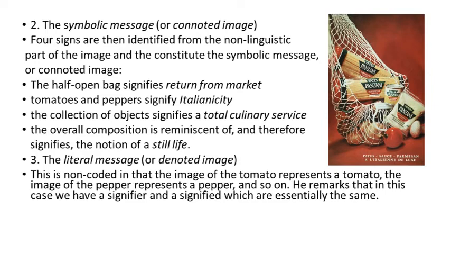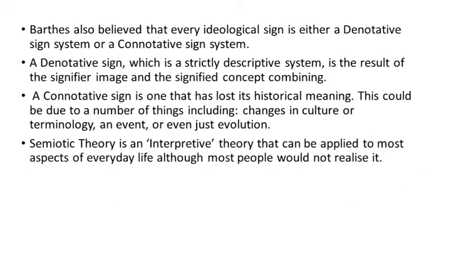The literal message, or the denoted image, shows that a tomato stands for tomato only, or a pepper stands for pepper only. So here the signifier and signified remain the same. Barthes also believed that every ideological sign is either a connotative sign system or a denotative sign system.